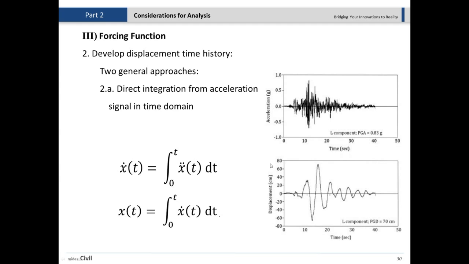So definitely there are some additional numbers gonna be here, so we can just go through all those and find out those variables. But I'm just showing you what the equation is gonna be. So taking the direct integration and then coming up with such a displacement forcing function. So you see that with the same time history, if this is my acceleration, this is gonna be the response of the displacement of the ground at that certain location.